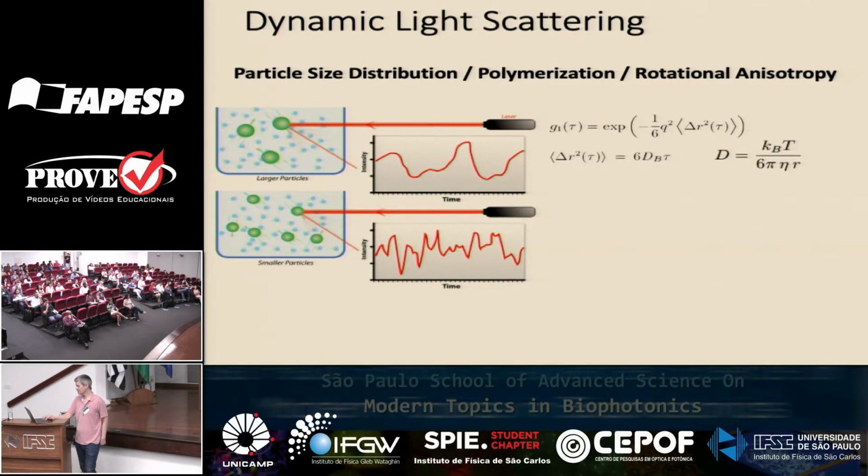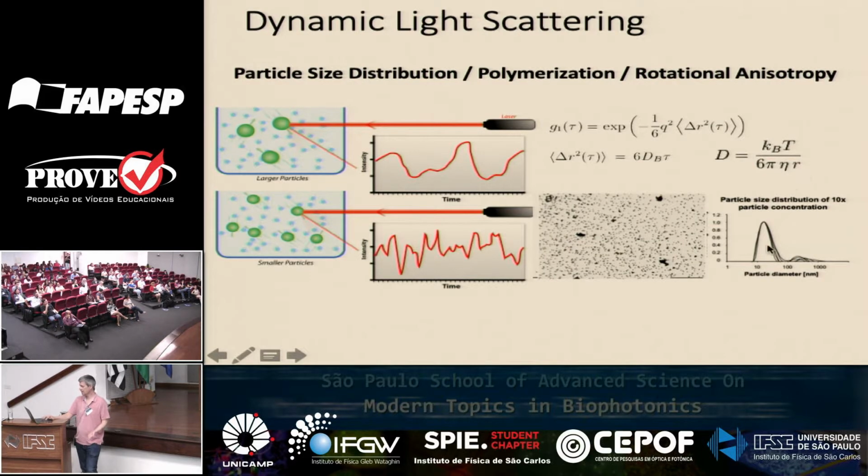They could very simply use dynamic light scattering and measure the intensity fluctuations, measure the decay of the intensity autocorrelation function, and from that decay rate, they can get the diffusion coefficient, which was dependent on temperature, the Boltzmann constant, and the radius of the particle. So this is a very simple way to get distributions of the particle sizes that you would have in a suspension that scattered light, okay?